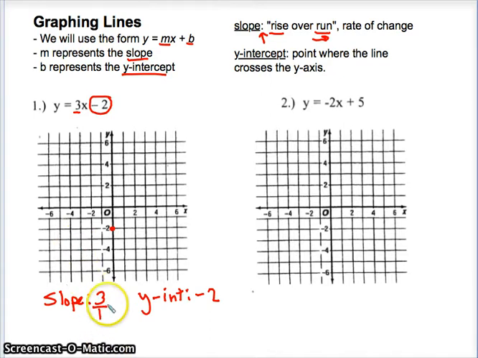So I'm going to go up 3 units and then to the right 1 unit. I go up 3, 1, 2, 3, to the right 1, and I put a point. Now, I have 2 points, and that's enough to graph a line. So I'm going to do my best to connect these dots with a nice straight line.